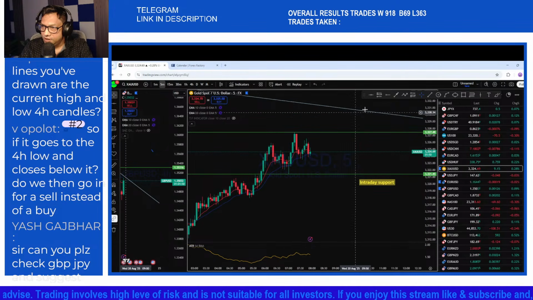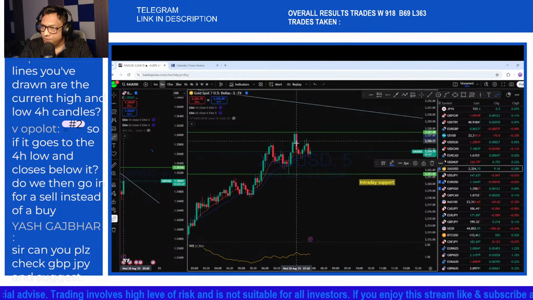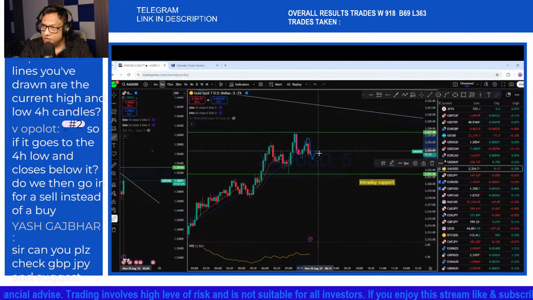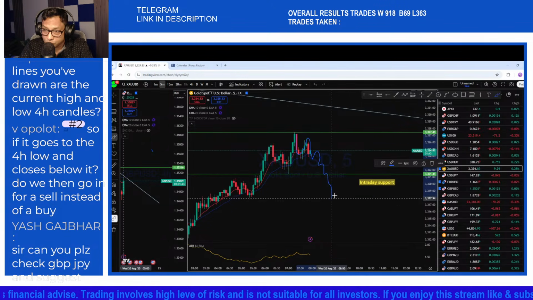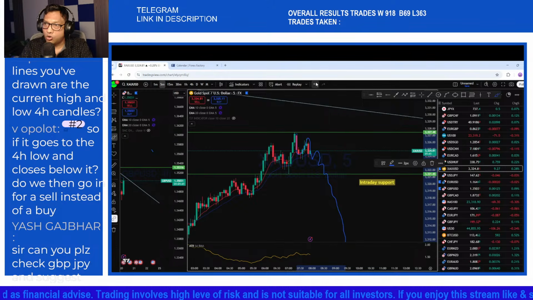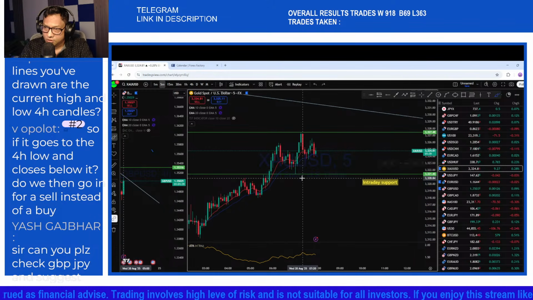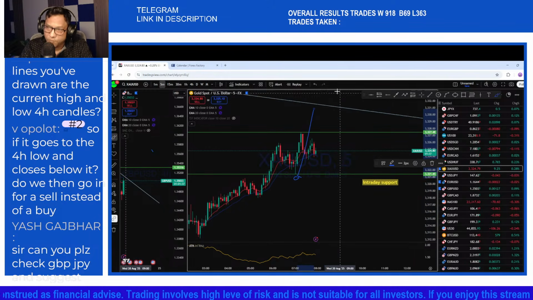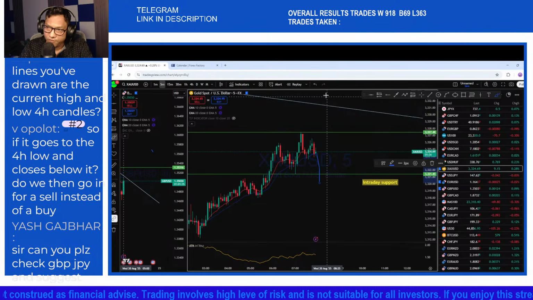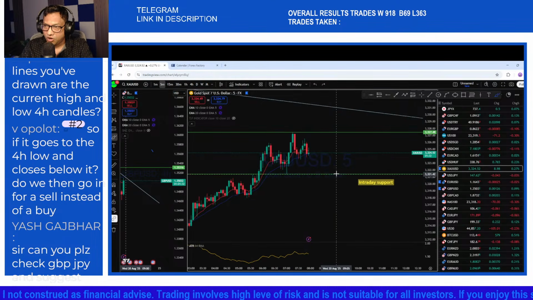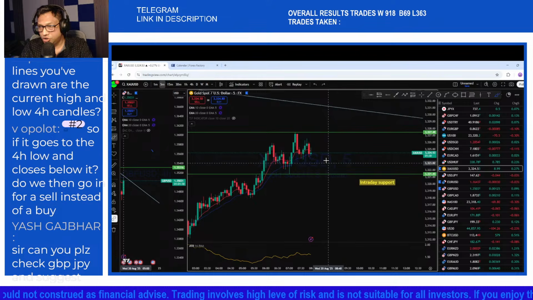You can see it's trying to break below here. Now, if it is forming a reversal pattern, it is still possible to be like that, because it's a long-term downtrend. So we are not committing ourselves to buy from here. Instead, we will be looking for price action confirmation for a potential buy.